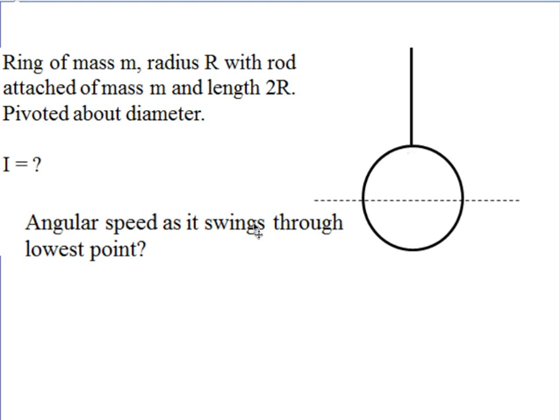You can't get the final velocity using v final squared is equal to v initial squared plus 2a delta x, because the a, or the alpha if you like, is constantly changing. The force on this rod will change from orientation to orientation as it swings. The torque on the rod is going to change.